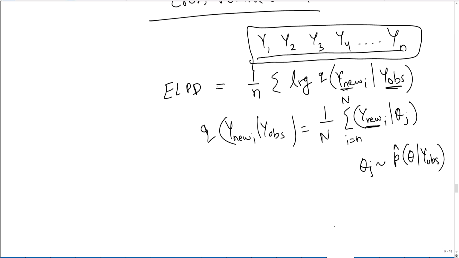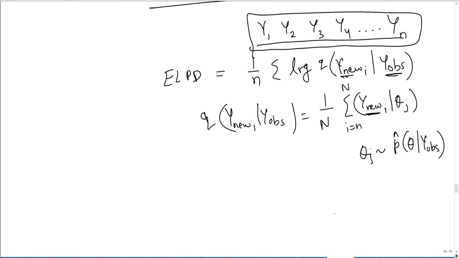Well, one of the things people do in this situation is they treat this same data as y new as well as y obs. It's the same data, y1 to yn.